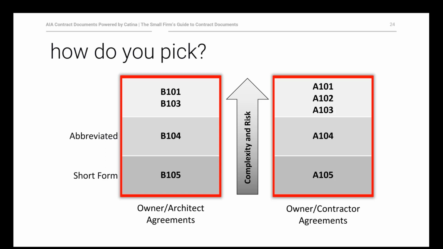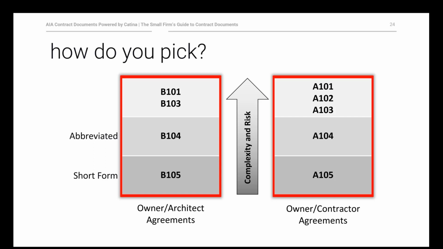The B104 and A104 can be used for that mid-range. And then, of course, the 101, the 103, and the A101, 102, 103 are more appropriate for the more complex and higher risk projects.